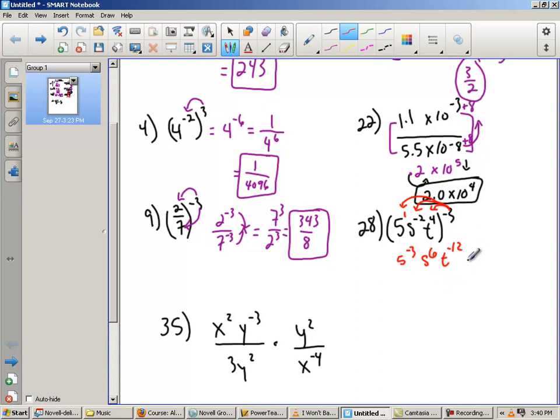Well, everything with a negative exponent needs to jump the fence. So this is s to the 6th over 5 to the 3rd t to the 12th. But I can find 5 to the 3rd, and I put that in my calculator and get 125 t to the 12th.